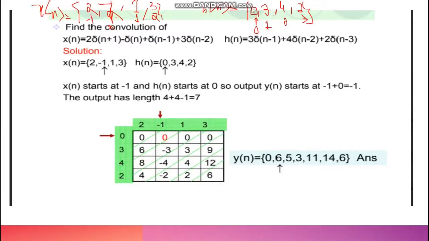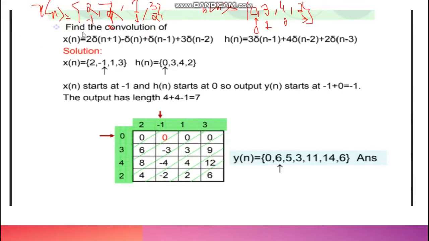Because if you add zeros here, our signal remains the same. For the tabular method to be implemented, if x of n has 4 elements, then h of n should also contain 4 elements.